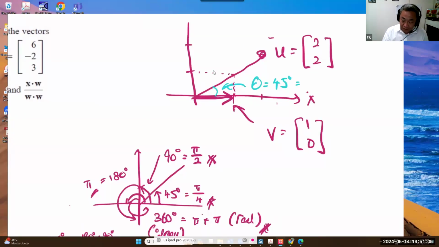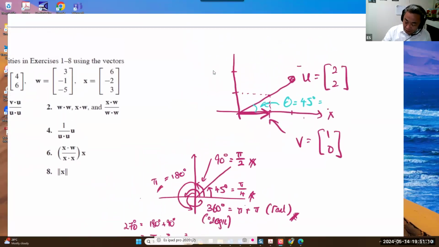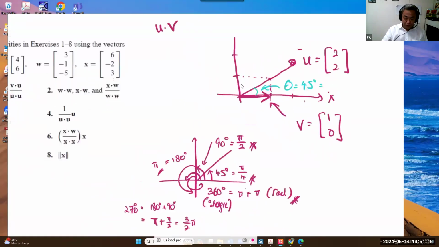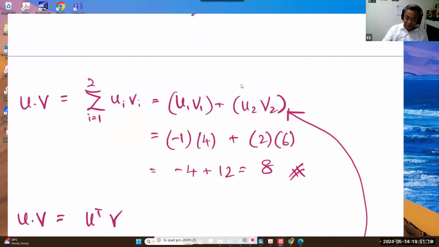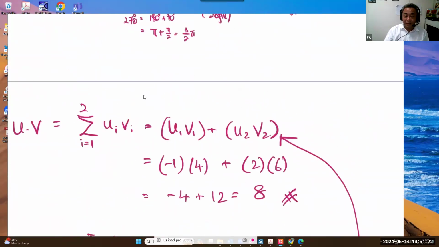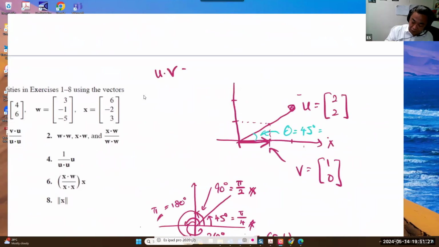Okay, so let's do this together, guys. What about U dot V? Among the three methods that I have shown you, which is the easiest? You realize that in the simplest case, the easiest one is to use this one. Let's try. U dot V is equal to the summation of U_i V_i.